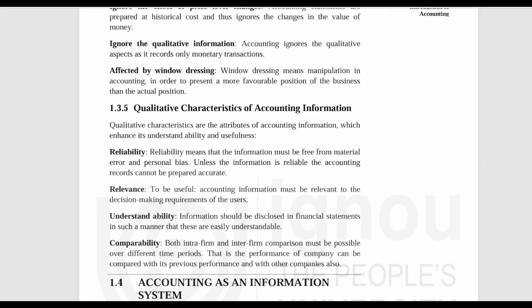And understandability: information should be disclosed in financial statements in such a manner that it is easily understandable. And comparability: both intra-firm and inter-firm comparison must be possible over different time periods. That is, performance of company can be compared with its previous performance and with the other companies also.